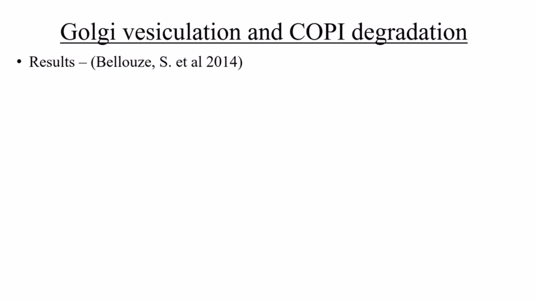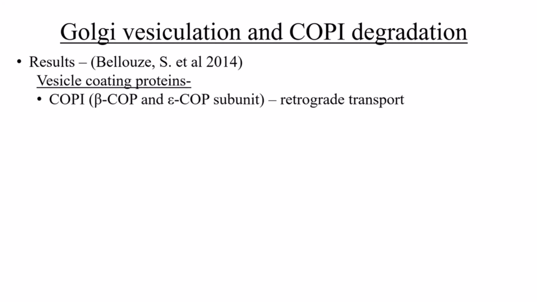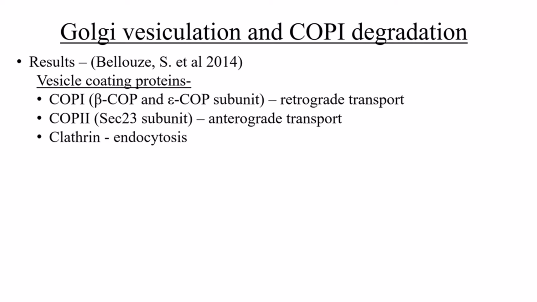So based on the evidence for fragmentation, the authors wanted to explore why this might be occurring. So they looked at some vesicle proteins, namely the COPI, and they looked at the beta COP and epsilon COP subunits. They looked at COPII, and they looked at clathrin proteins.